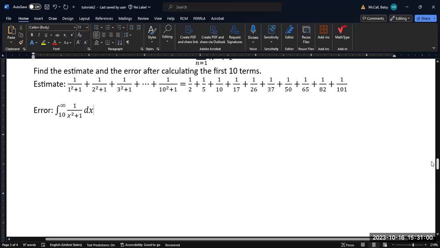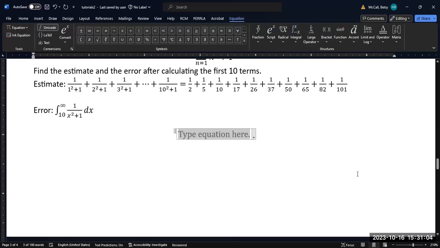If I calculate that, then I can find the maximum error. So whatever value the estimate turns out to be, I know approximately how far away I am from the true value. I won't get to the true value, but at least I know about how far away I am. It's the result of the sum of all the other terms.